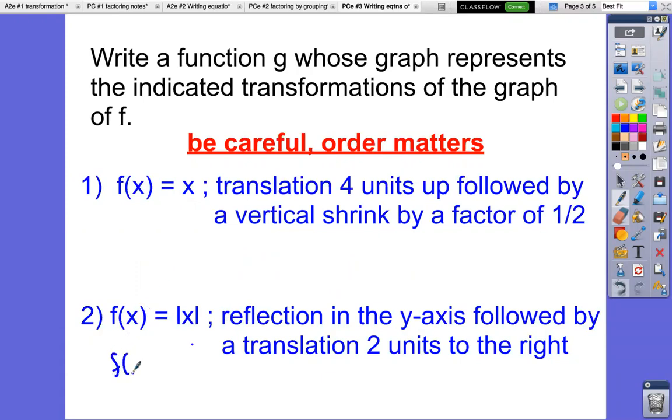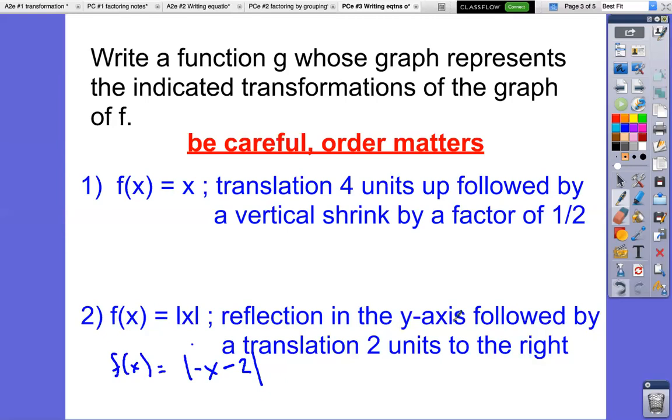So here, I've got f of x equals opposite of x, followed by a translation 2 units to the right. Well, 2 units to the right, left and right affects this. Again, we've already put this in here, so 2 to the right is just going to be, should that be plus 2 or minus 2? Minus. Good. And that's your entire answer.